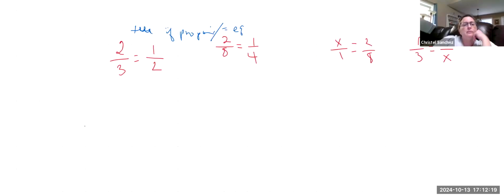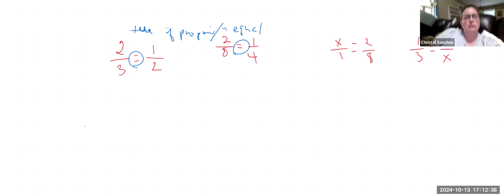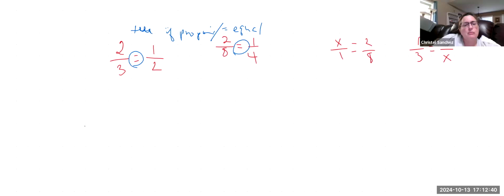So remember when we did multiplications of fractions, it's got an X right here, right? So we multiply straight across. Anytime you see an equal sign between two fractions, it means that this is a ratio, okay? So the way that we work with ratios, instead of multiplying straight across, we're going to multiply diagonal.